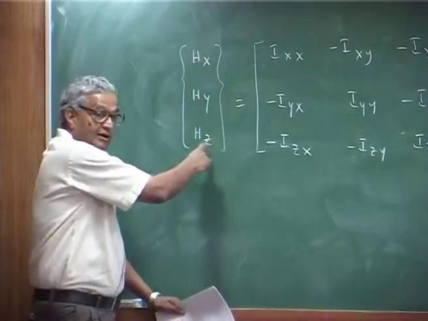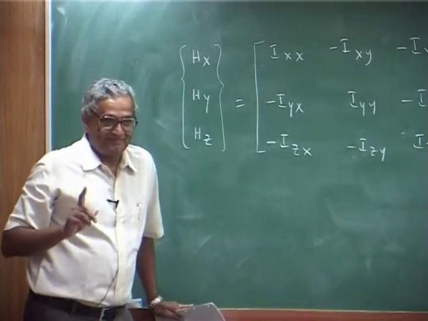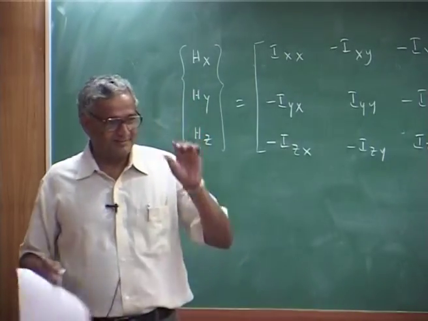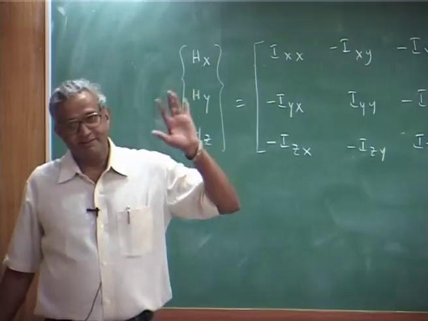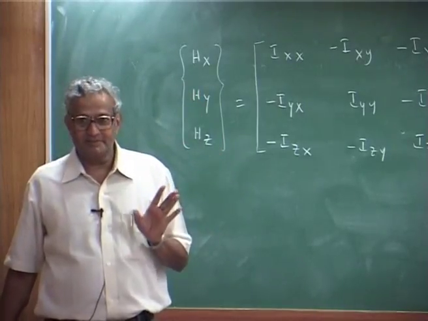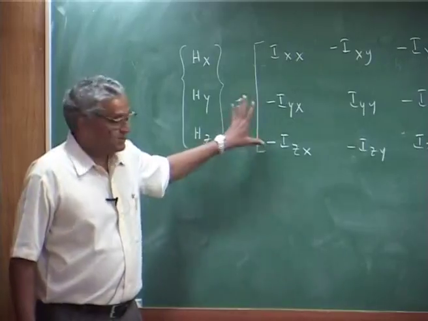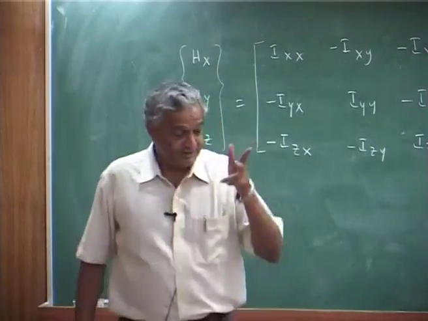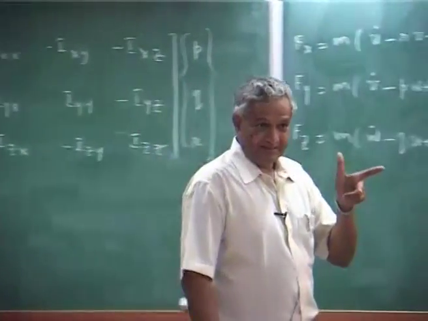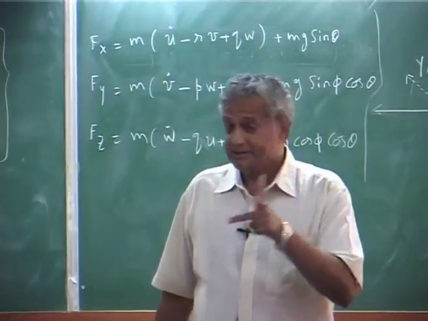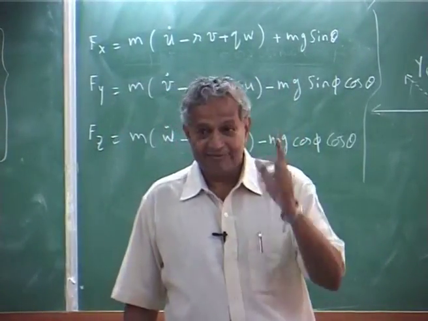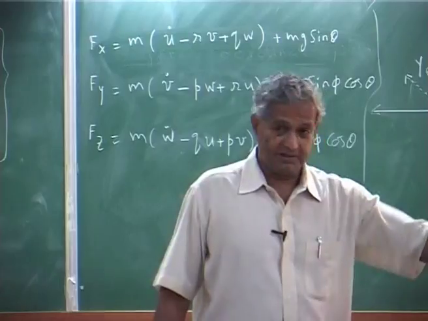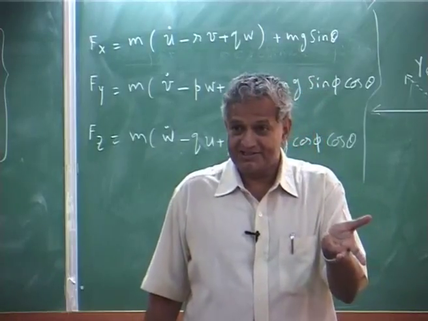So, Hx is along the body axis, please note that, because this can be derived. I am not going into the derivation of this, because you must have done it in rigid body dynamics. Angular momentum, and the axis system is the body axis system. That is why in any aircraft, you first decide your axis system, and then Ixx, Iyy, all these quantities are defined with respect to that axis system. Now, imagine if you put some equipment, your inertia will change.